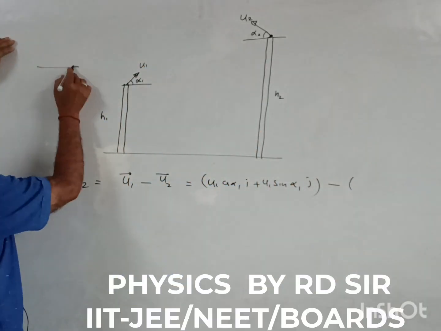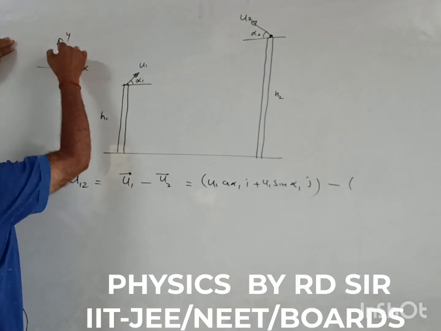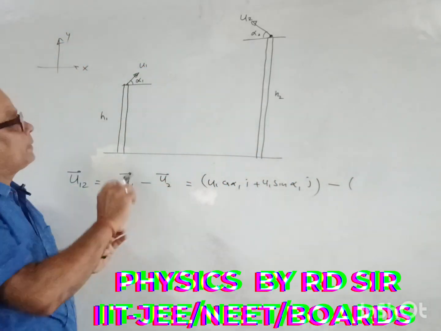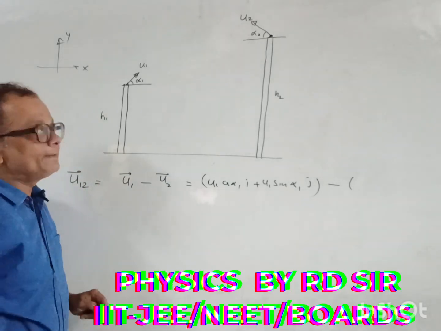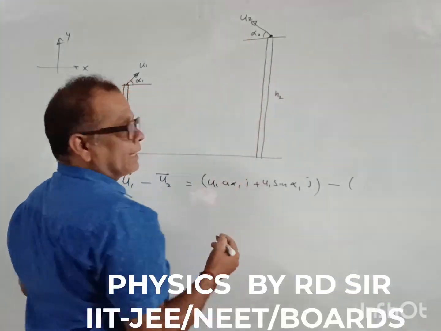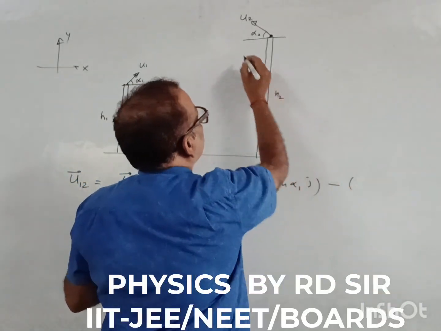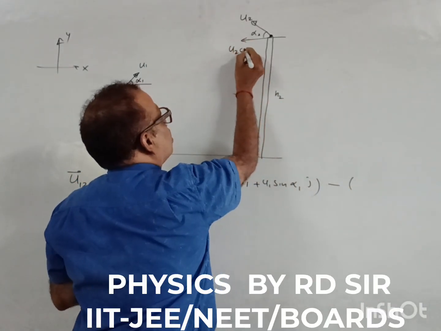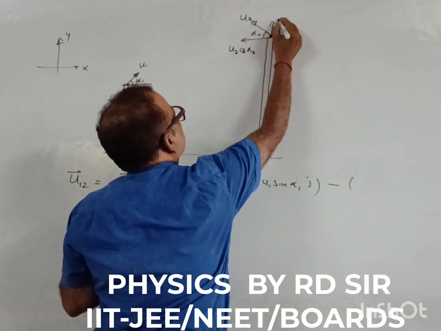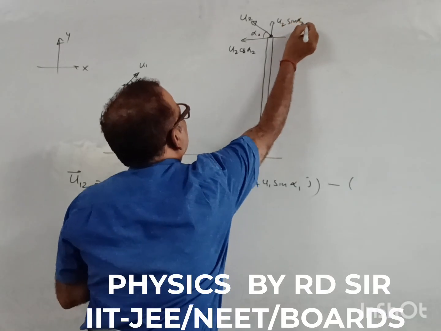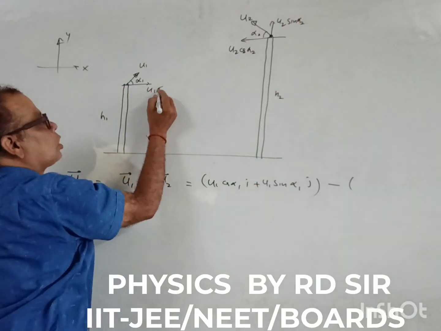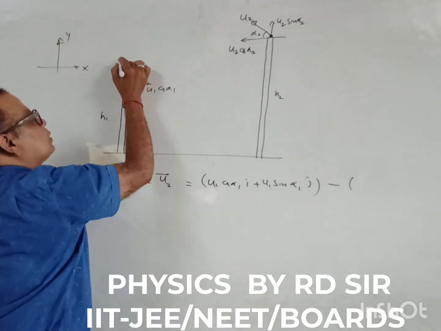I have taken this as the x axis and this as the y axis, so i, j, k are the unit vectors, and in this xy plane the velocity of the second particle is u2 cos alpha 2 and u2 sin alpha 2. Similarly, this is u1 cos alpha 1 and this is u1 sin alpha 1.